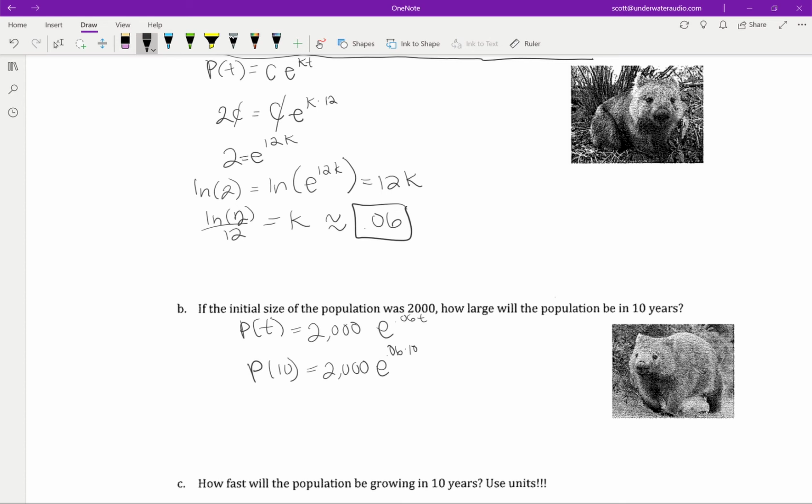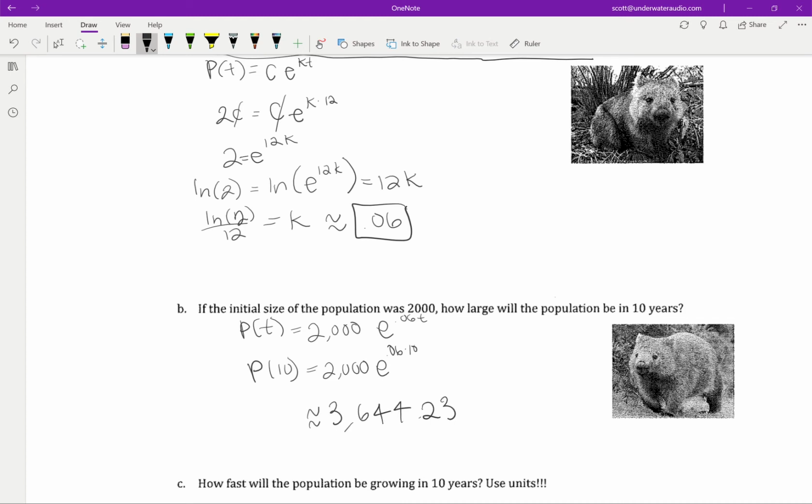That is a calculator thing. e to the 0.06 times 10 is roughly 3,644.23.